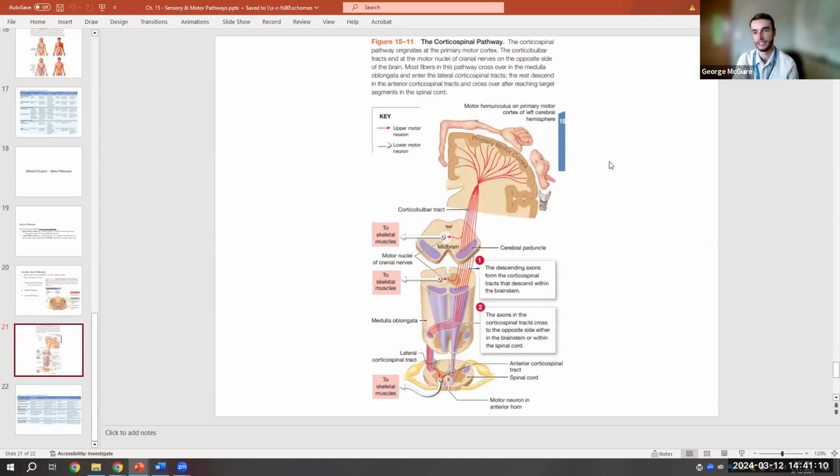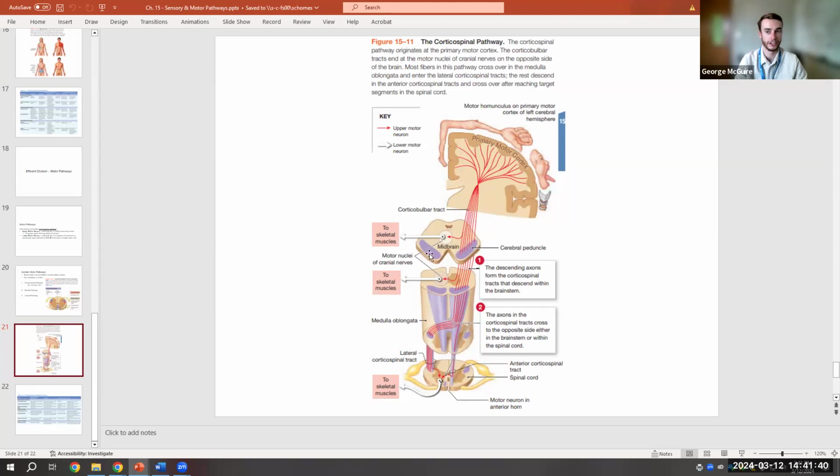And so we can see another little example of how that works. Depending on where the muscle is, the location on the body that it is responding to, our upper motor neuron is going to synapse with the lower motor neuron at different places along the spinal cord and or brainstem here.